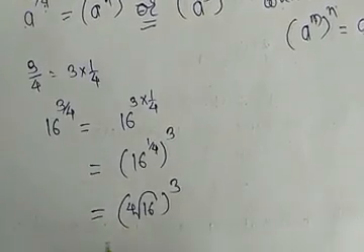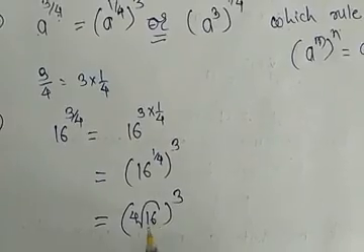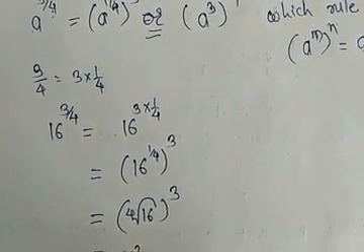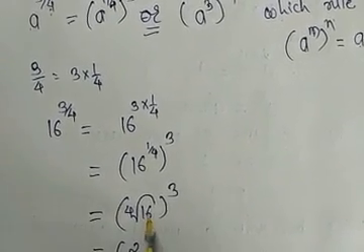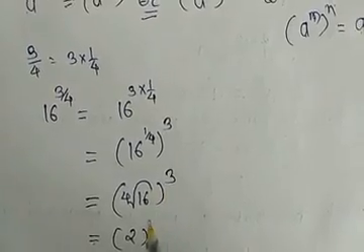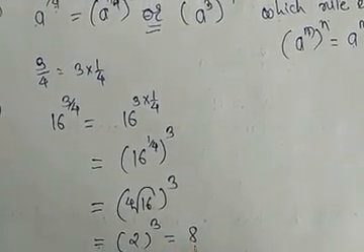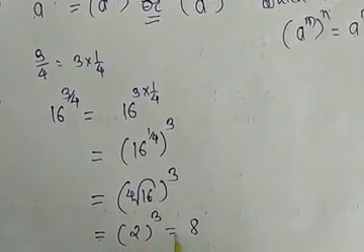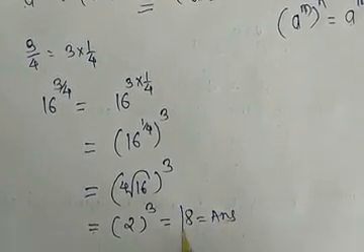We have already found that if we multiply 2 four times, its value is 16. So 2 is the fourth root of 16 and its power is 3. So our answer is 2 cube, which means 2 multiplied 3 times. So the answer is 8. Okay.